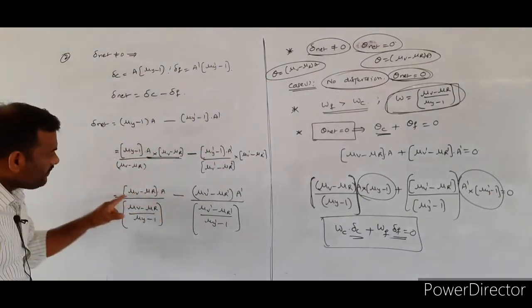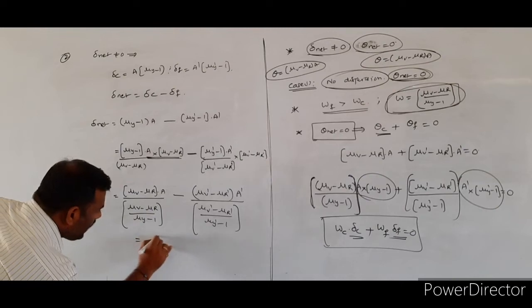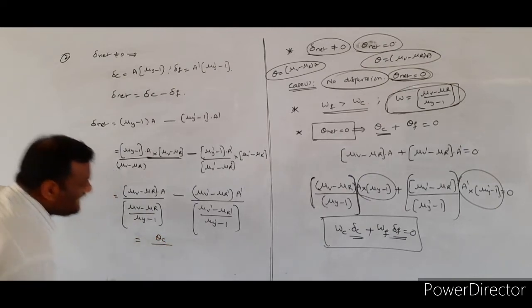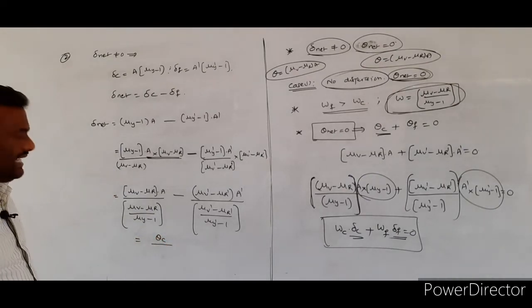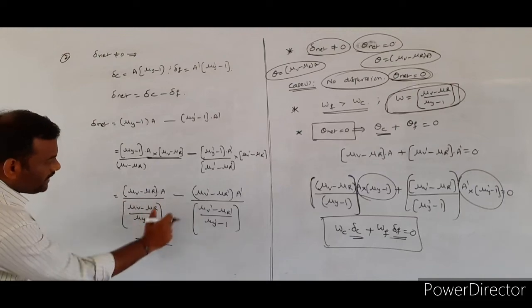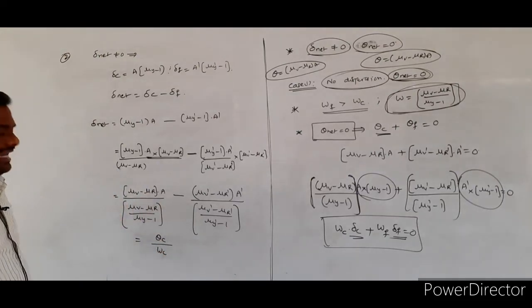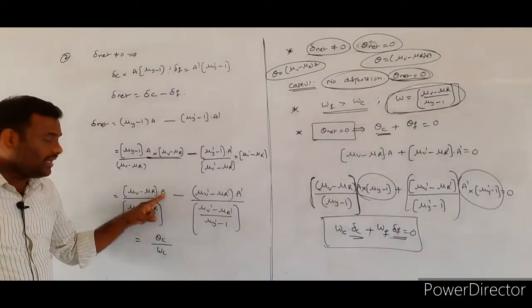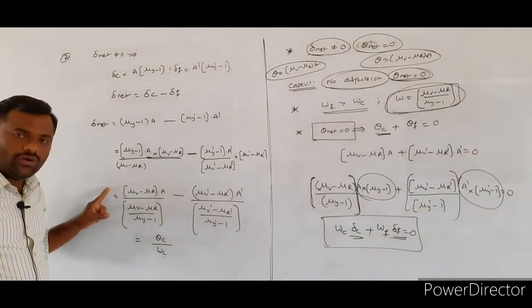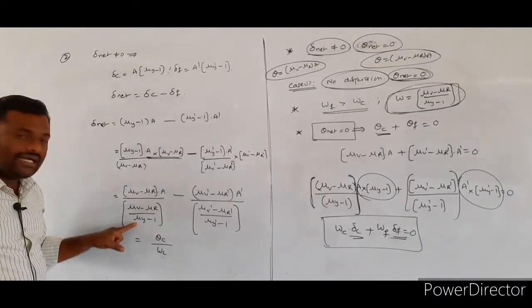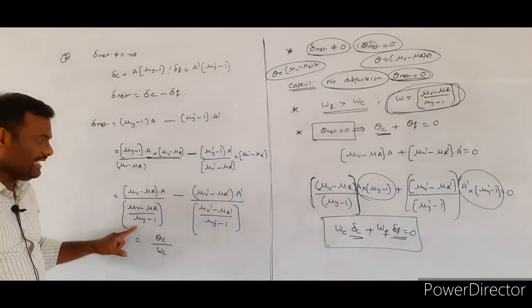So this value will be giving the angular dispersion of the crown glass, and this denominator or total value will be indicating the dispersive power of the crown glass. This value will be indicating what? Angular dispersion of the crown glass, and this value will be indicating what? Dispersive power of the crown glass.